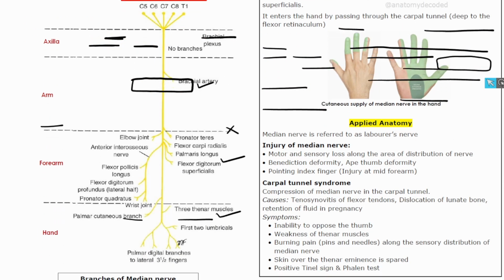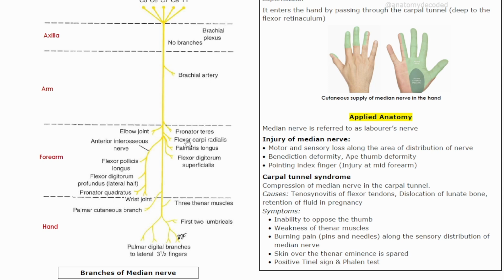In the forearm, there is the flexor compartment, which has a superficial and a deep group. In the superficial group, there are 5 muscles, out of which 4 are supplied by the median nerve. Pronator teres branch was already given in the arm region. Then there are flexor carpi radialis, palmaris longus, and flexor digitorum superficialis.